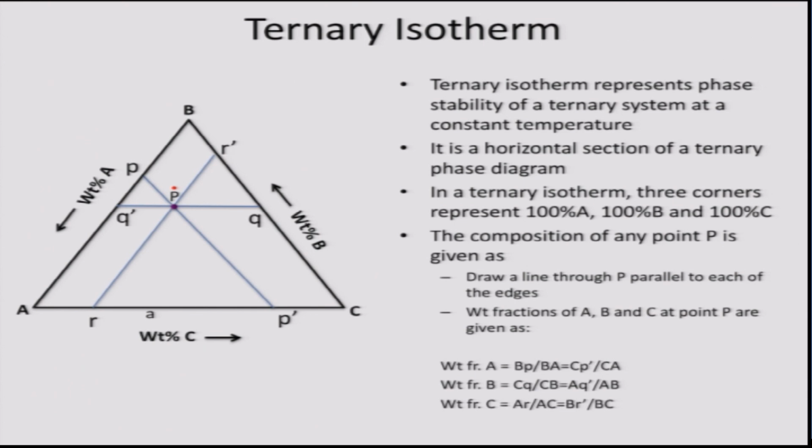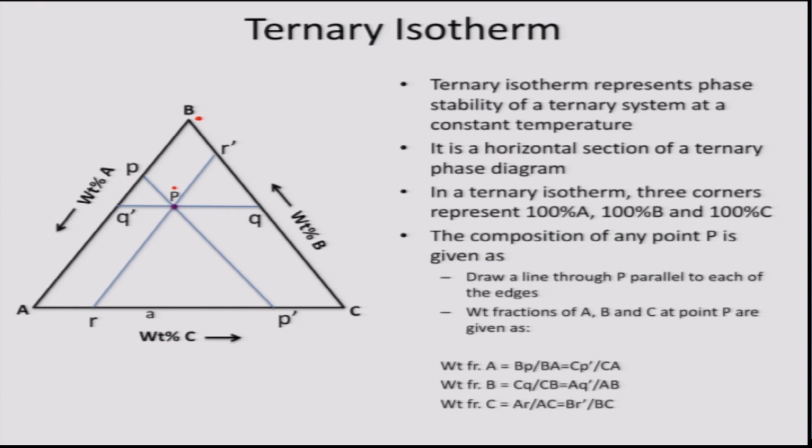The compositions can be expressed either in weight fraction, weight percent, or mole fraction or mole percent. In this case here I have shown the compositions in weight percent. So, the weight percent of component A in the alloy with composition P is found by finding the ratio of the length BP and the length BA, or equivalently finding the length CP prime and taking the ratio with the length CA.